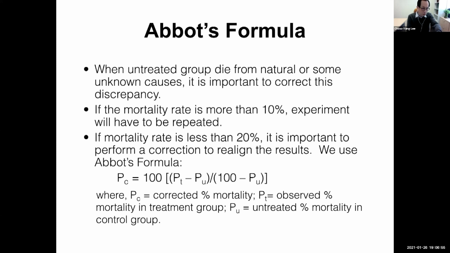So for the third point, if the mortality rate is less than 10%, not 20%, it's a typo there. It should be 10%. So you would use this Abbott formula and correct the mortality before you run Probit analysis. But these days, because you're using a computer, all this would be done by your computer. But you have to put in the mortality rate of your control.